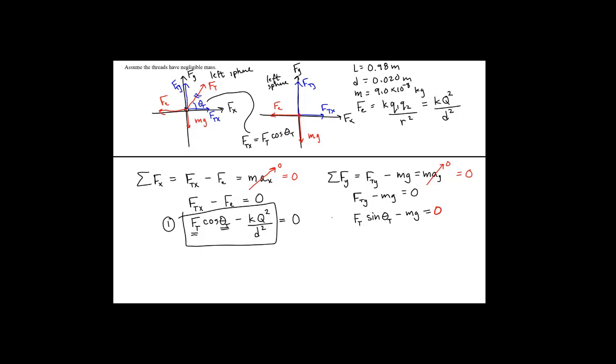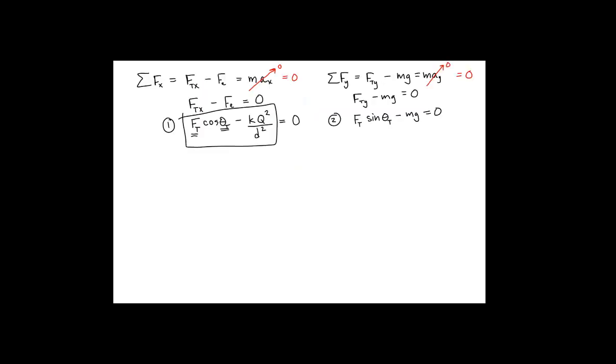So here is another equation we could use. Notice we have 2 equations and 3 unknowns. The unknowns are the magnitude of the tension force, the angle the string makes with the x-axis, and the magnitude of charge Q. So there's a couple of different ways we could proceed on this algebraically.